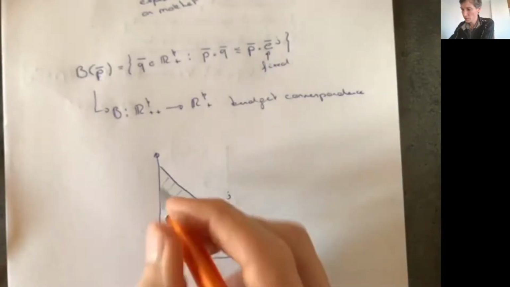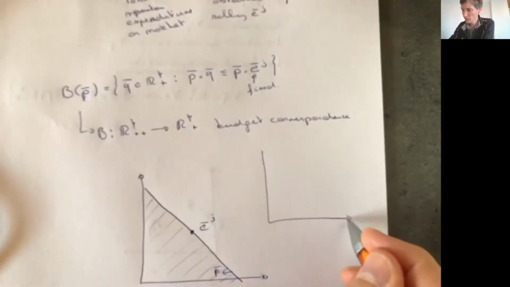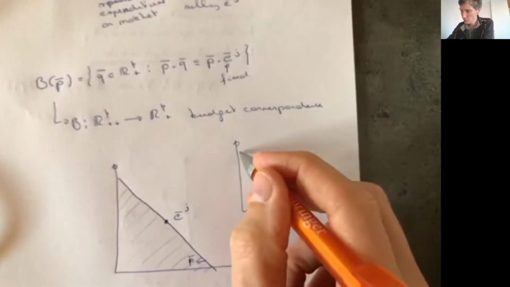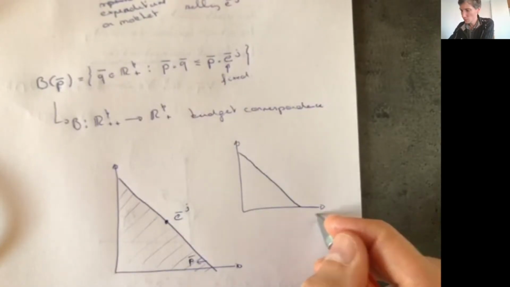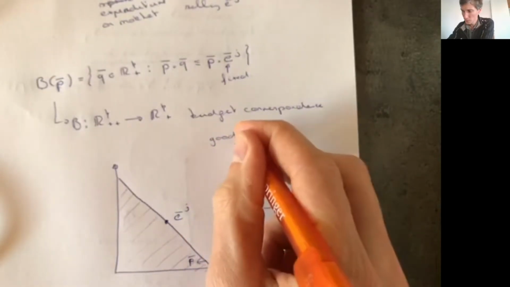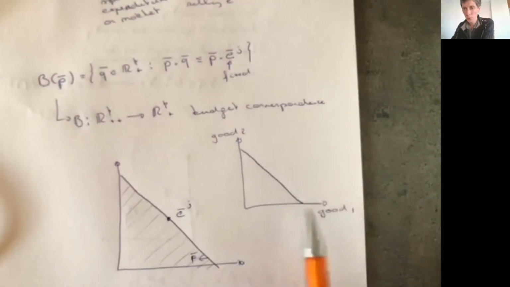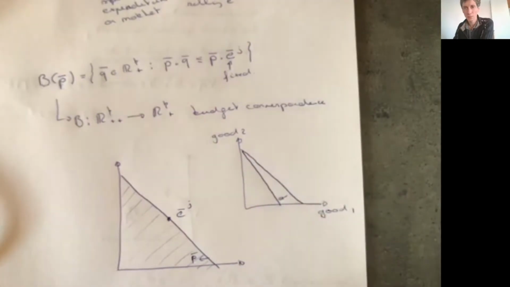Okay, so we see that if prices change, so normally if you have two goods, let this be good 1 and this be good 2. Normally if the price of good 1 increases, the budget line rotates inwards, right?